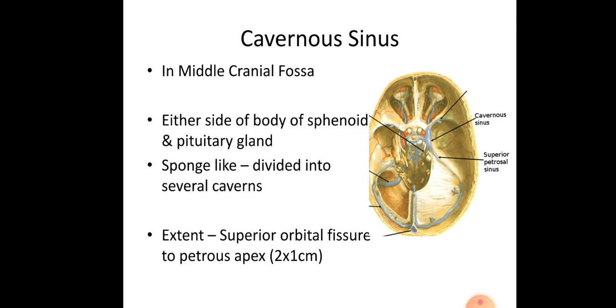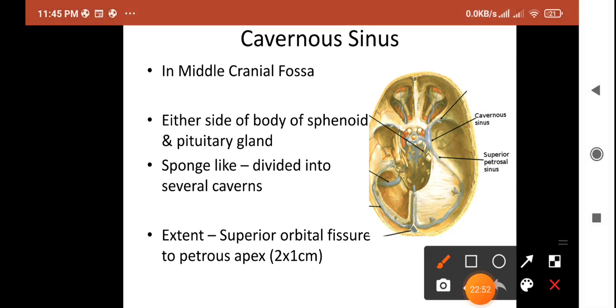And the extent of this cavernous sinus: here comes the superior orbital fissure. Anteriorly it extends from the medial end of the superior orbital fissure to the orbit, and posteriorly up to the petrous apex. So this is the extent, 2 cm by 1 cm.